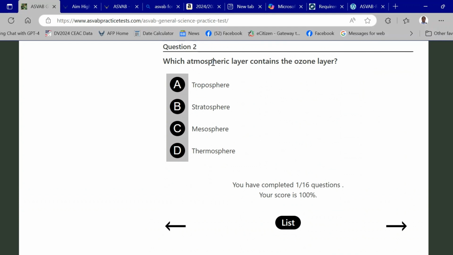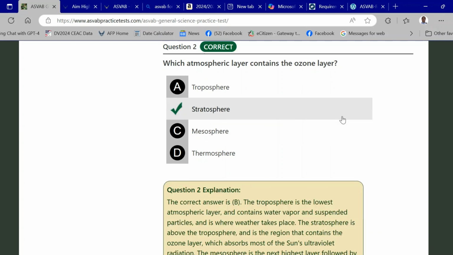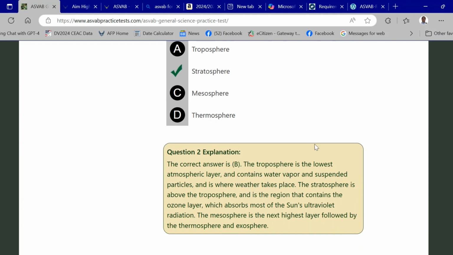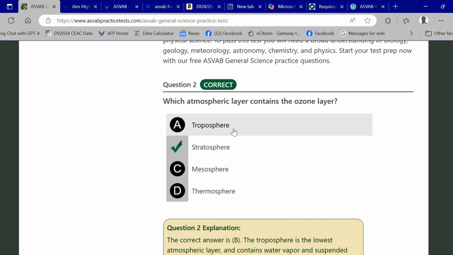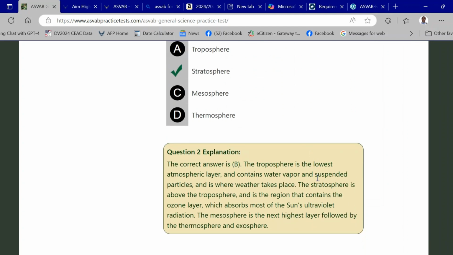Which atmospheric layer contains the ozone layer? For me, it's B. Yes, right. It's called the stratosphere. The first one is the lowest atmospheric layer, which contains water vapor and suspended particles. This is where weather takes place, called the troposphere.